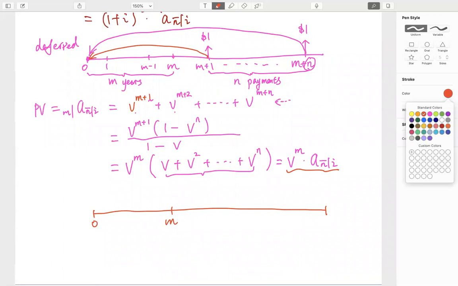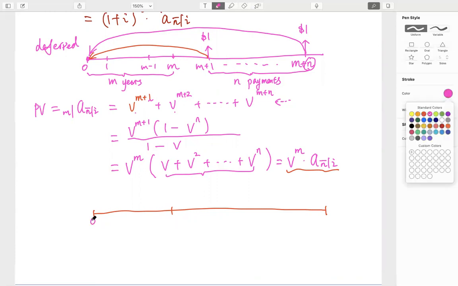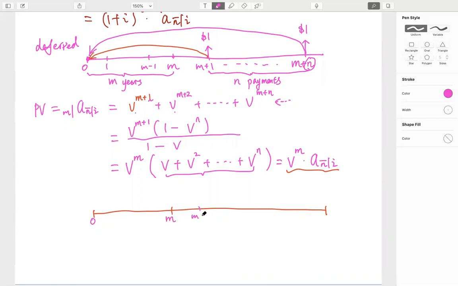Okay, let me now use the original color because time is all that matters down here. So here is 0, here is m. I have the first payment going all the way to m plus 1. So I know here I have m payments.